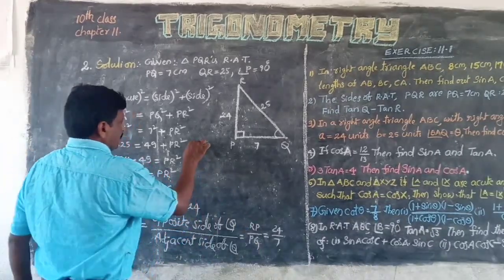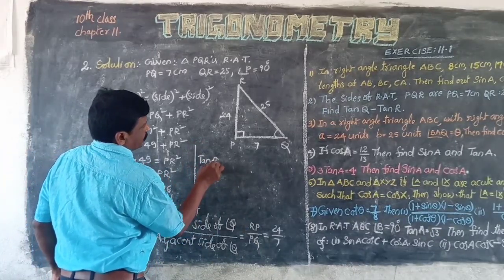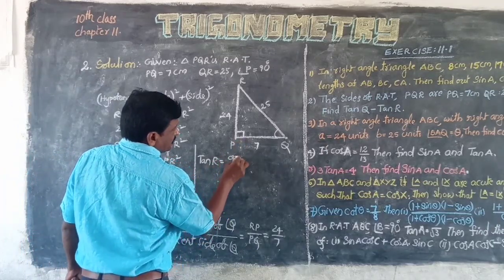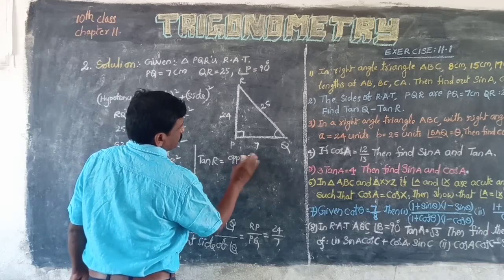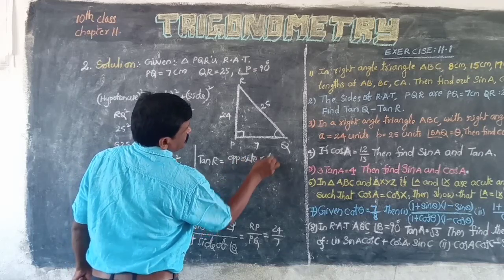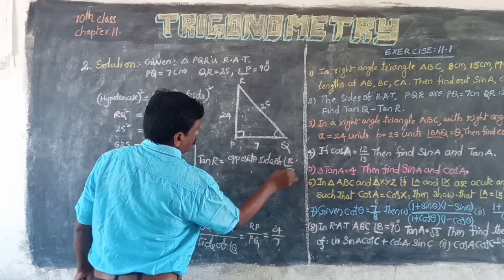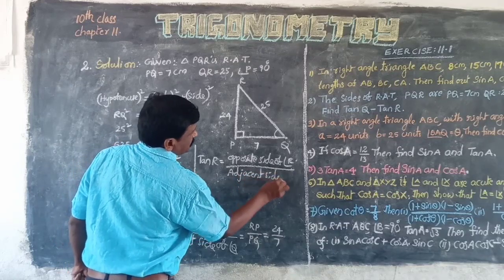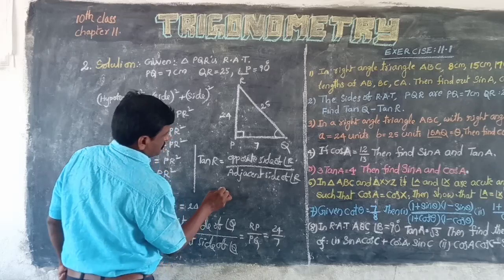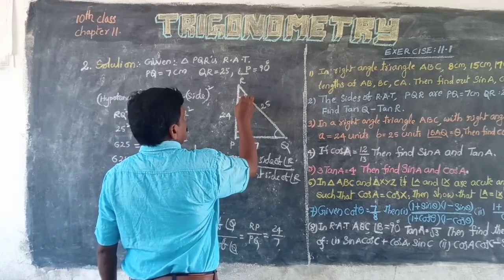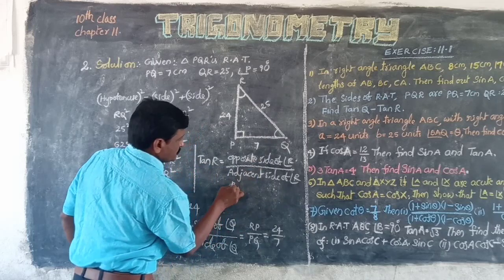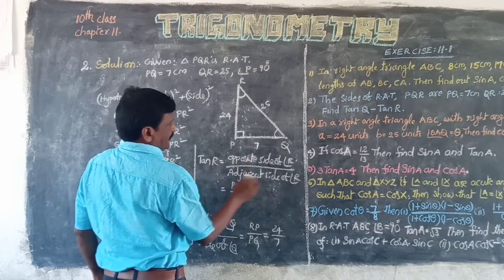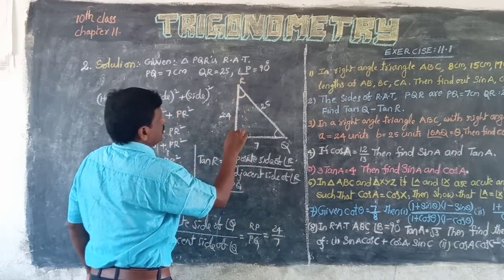Next tan R. Tan R means the opposite side of angle R by the adjacent side of angle R. For R, the opposite side is PQ and the adjacent side is RP.